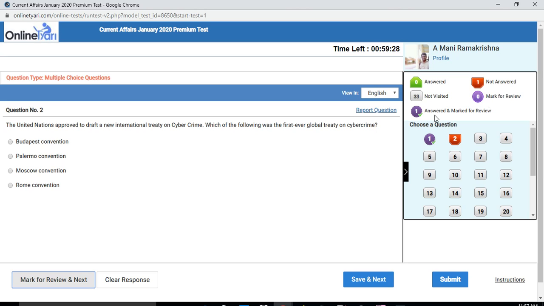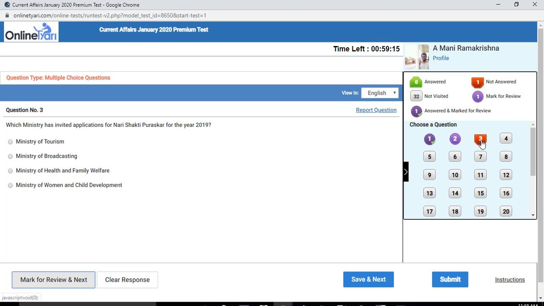If it is not answered, it is unmarked. If it is marked, it indicates the answer is done. This question is not answered and is put for review, so this will show mark for review. The third question shows not answered. Here it shows how many are for review and how many are not answered.